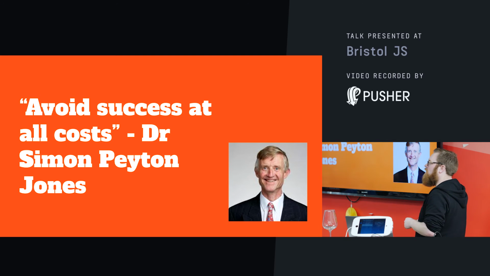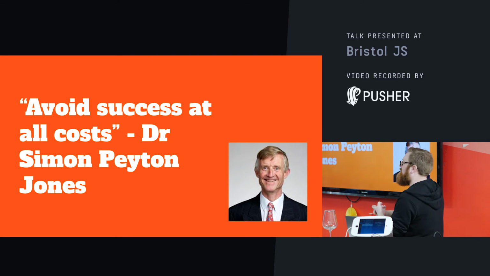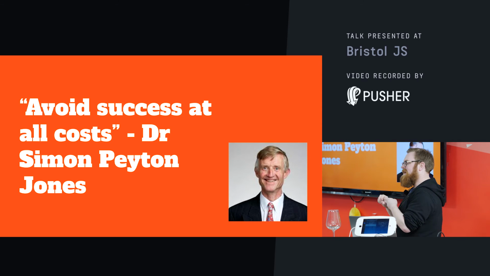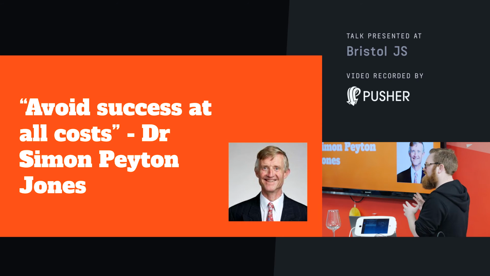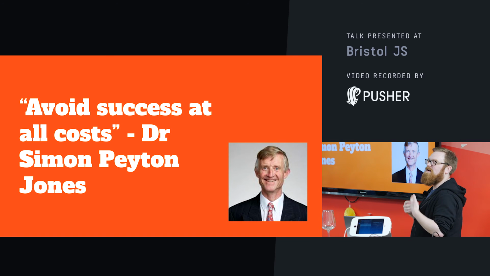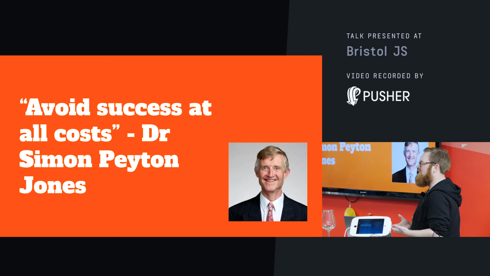What is success at all costs? Success at all costs is succeeding at the expense of something else. Okay? In the case of functional programming, I think in Dr. Simon Peyton Jones's case, he doesn't want to succeed at the cost of his principles. And I think this instance where we've used a parallel function is perhaps a case of us succeeding at the cost of our principles.